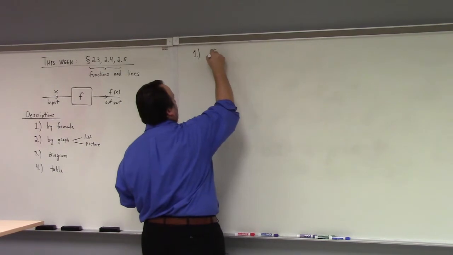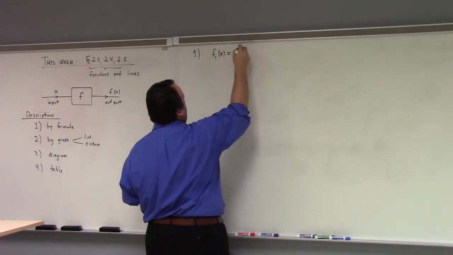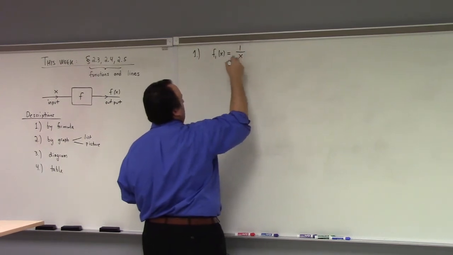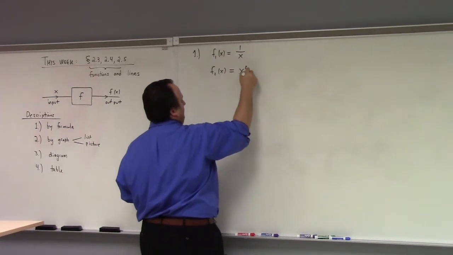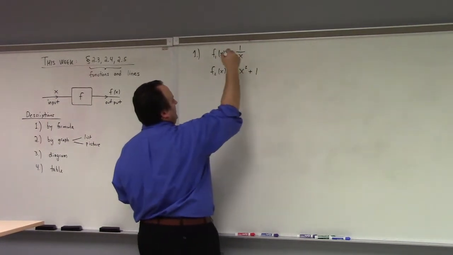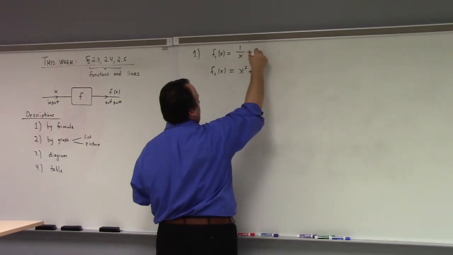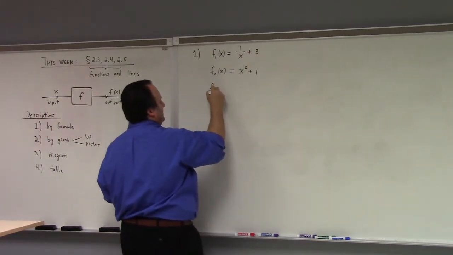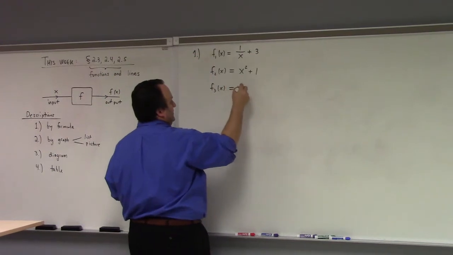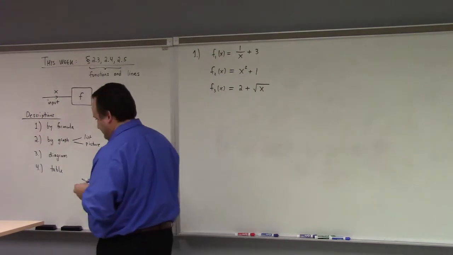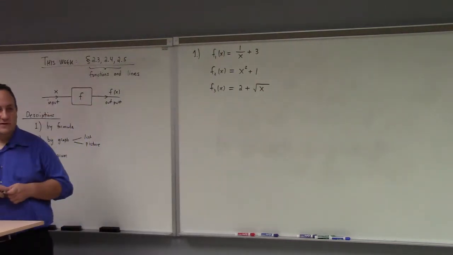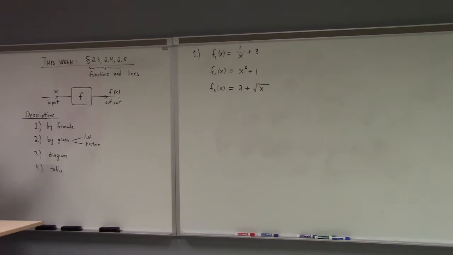So we could have f1 of x equal to, say, 1 over x. f2 of x equal to x squared plus 1. And let's do 1 over x plus 3, that'd be more interesting. All right, f3 of x equal to, oh, I don't know, how about 2 plus the square root of x? All right. So here are 3 examples of 3 different functions defined by a formula, right?